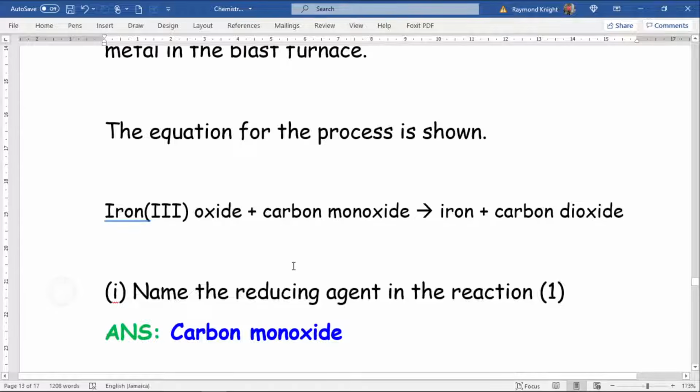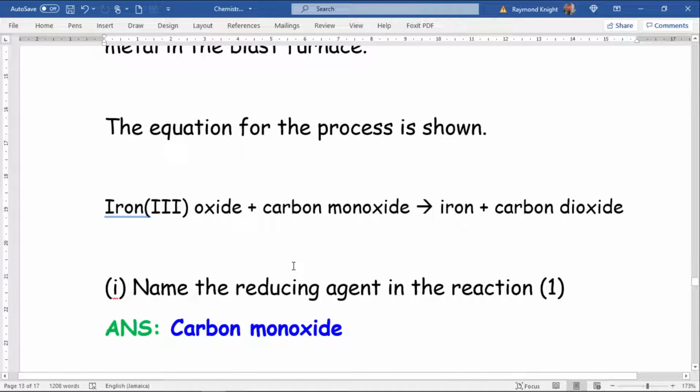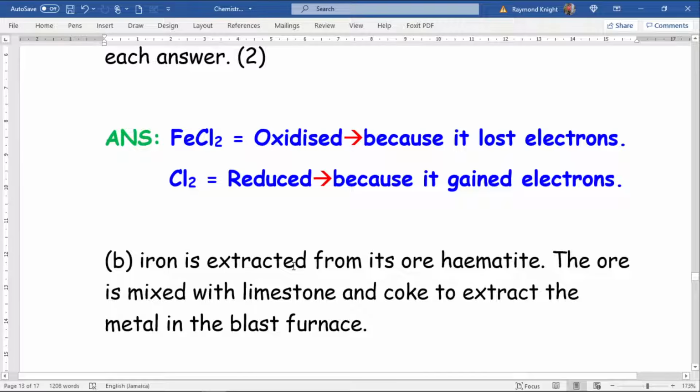The reducing agent right here is carbon monoxide. And again, why is it a reducing agent? Because it itself is being oxidized. And so carbon monoxide will gain oxygen to become carbon dioxide.